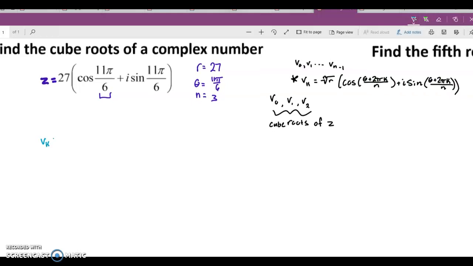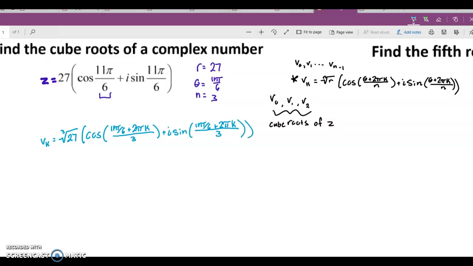So v sub k is going to be equal to the cube root of 27 times cosine of 11 pi over 6 plus 2 pi times k all over 3 plus i times sine of 11 pi over 6 plus 2 pi times k all over 3.